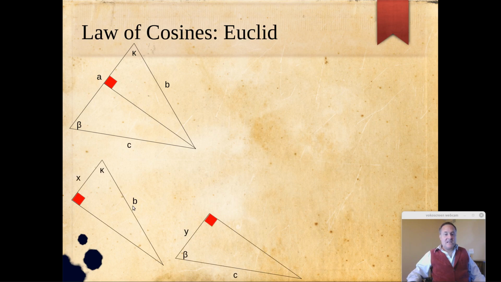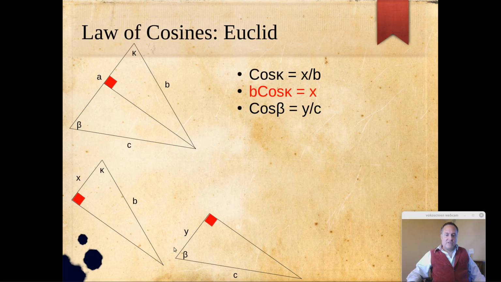We split each triangle, and we find that for angle kappa, the cosine of kappa is x over b, that's the base over the hypotenuse once again, so that b cosine kappa equals x, the base. Again, we go to the other triangle and we solve for the cosine of beta, which is y over c, such that c cosine beta equals y.